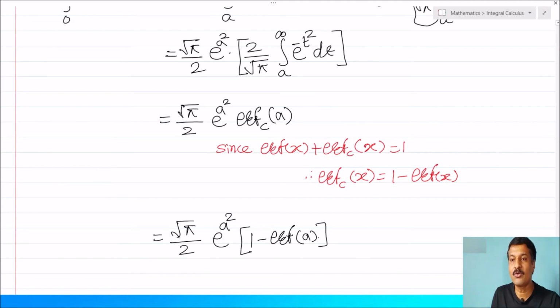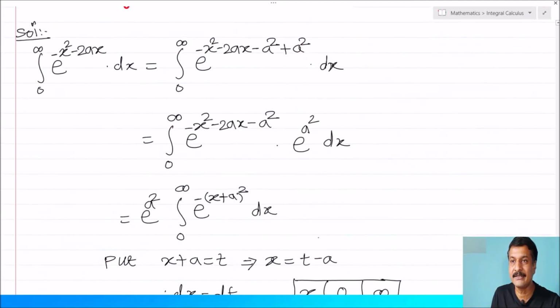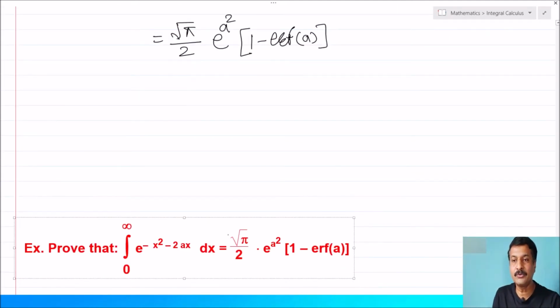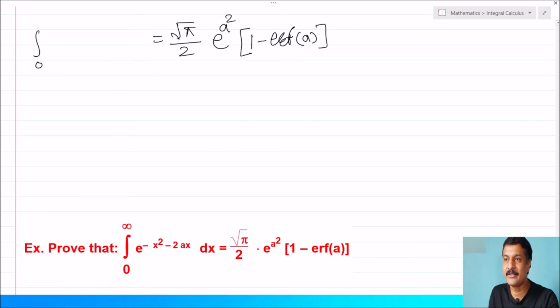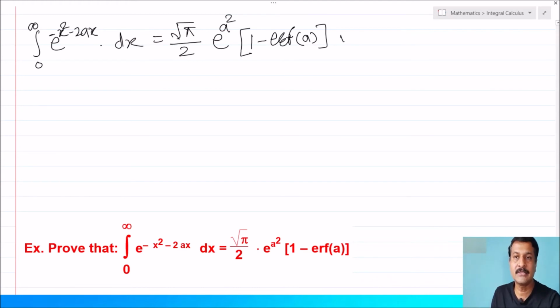I think we want to prove the same. Let's check here. The left hand side is nothing but integration 0 to infinity e raised to minus x square minus 2ax into dx. So this is our required result.